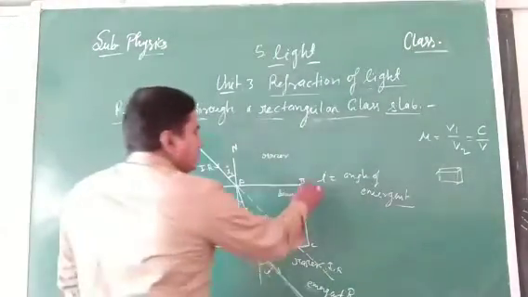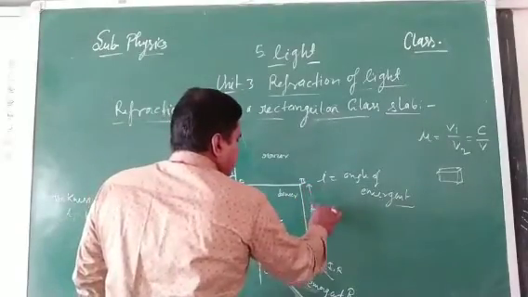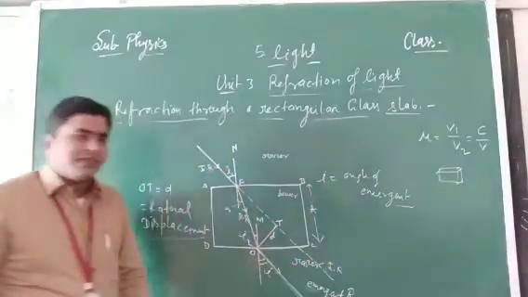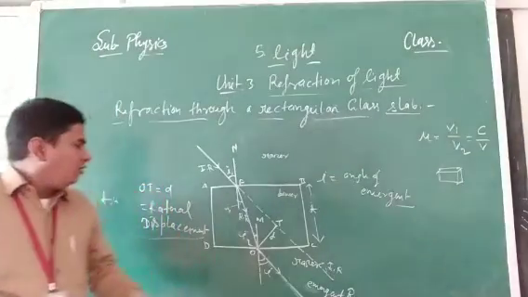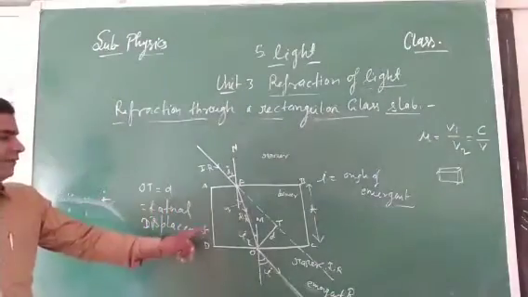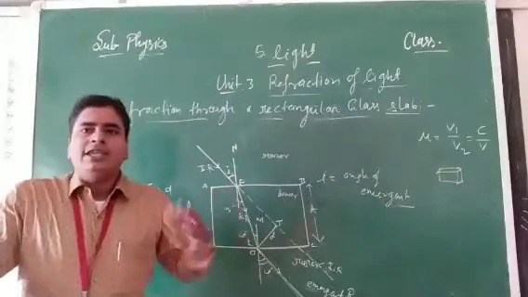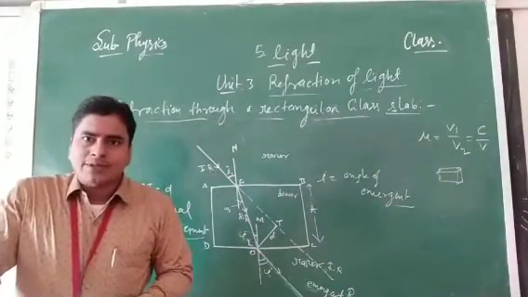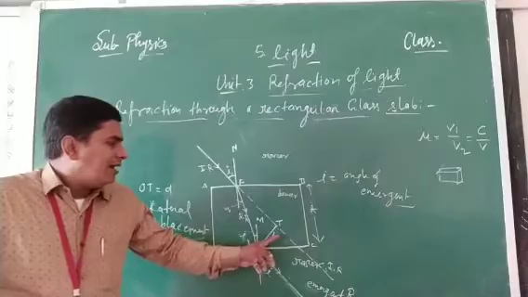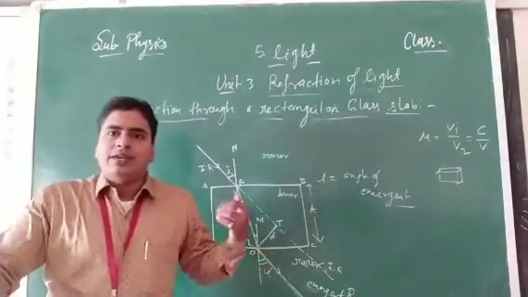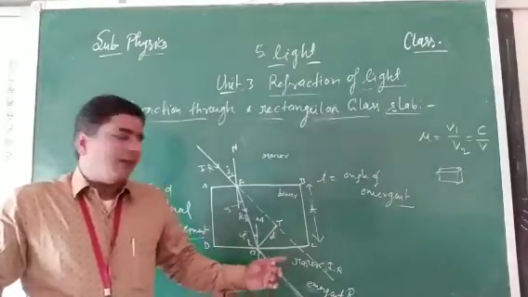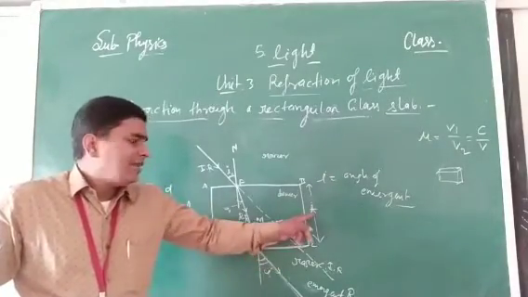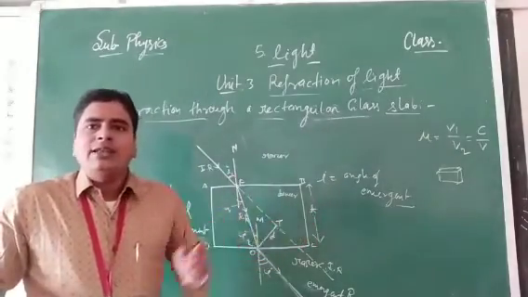Suppose the thickness of the glass slab is T. We can find the value of D and T in terms of sine angle, but it will be given in higher class. So we will see how to find the lateral displacement and thickness T in higher class.